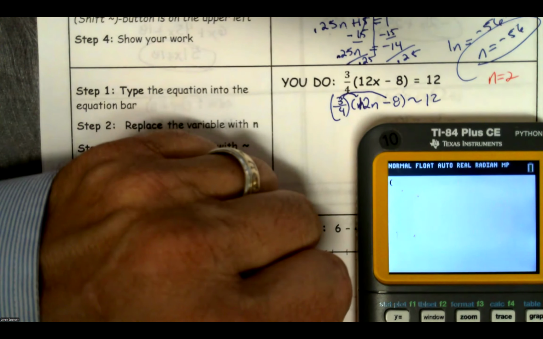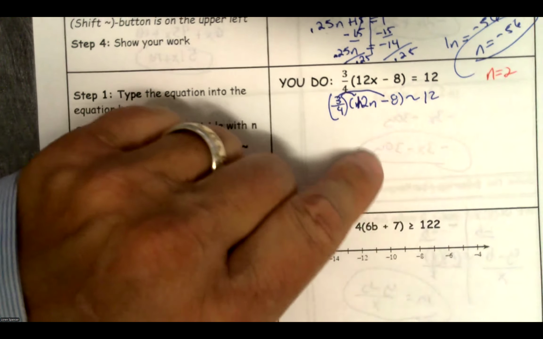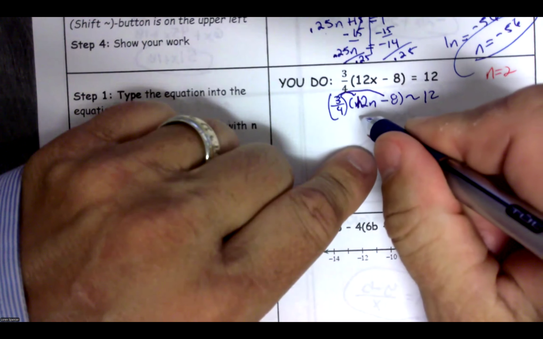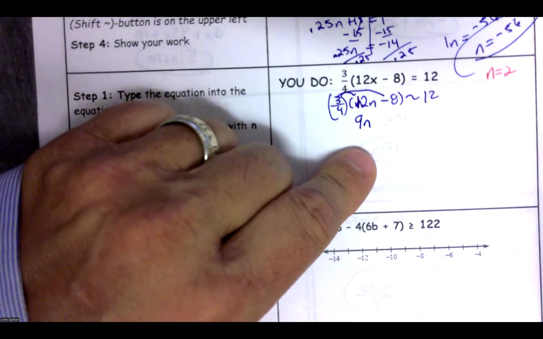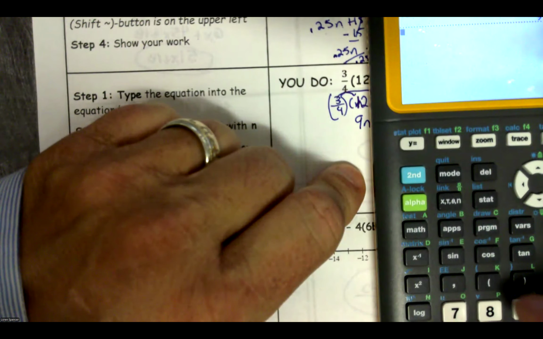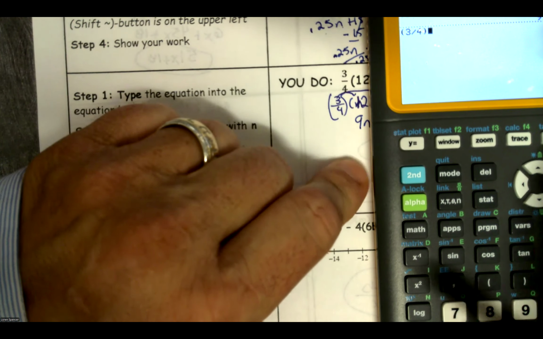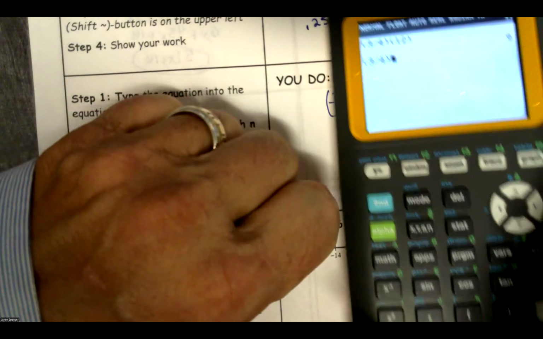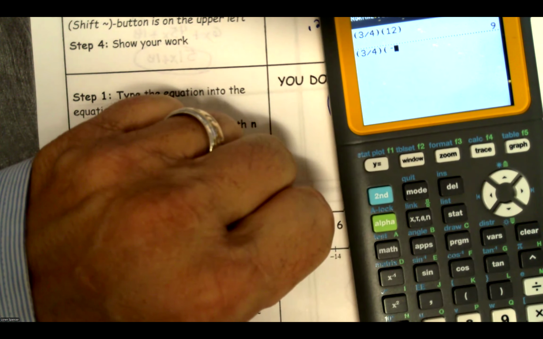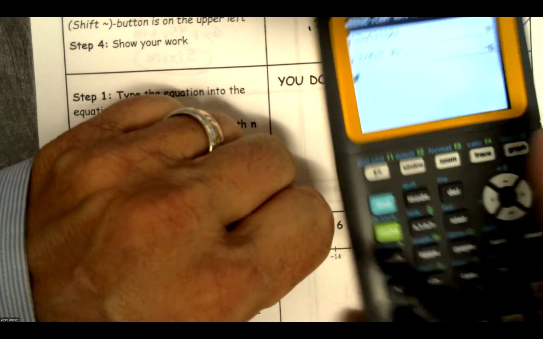So parenthesis 3 divided by 4, close parenthesis. All right, so I get 9n. And then I need to do parenthesis 3 divided by 4, close parenthesis. Don't forget that is a negative 8. So make sure you have the negative sign. And we get negative 6.